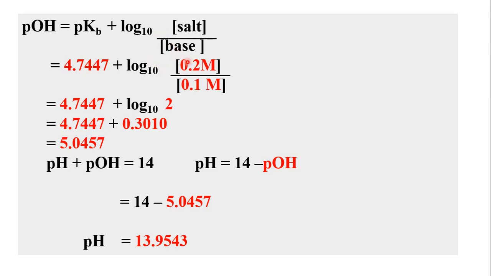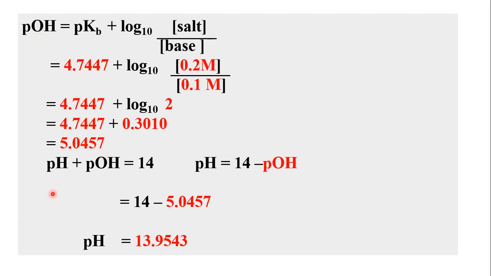So log to the base 10 of 0.2 divided by 0.1, that comes 2. So 4.7447 plus log to the base 10 of 2, and log to the base 10 of 2 is 0.3010. So 4.7447 plus 0.3010 is equal to 5.0457. So this is the value of pOH.